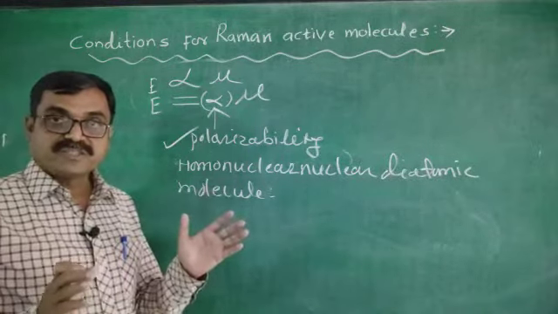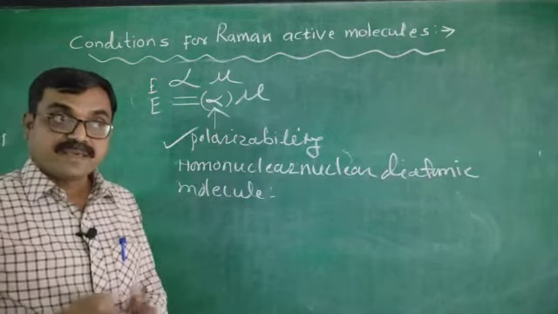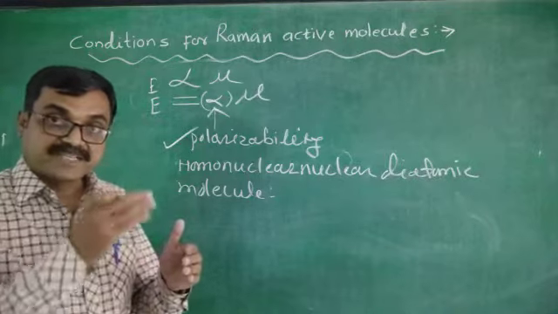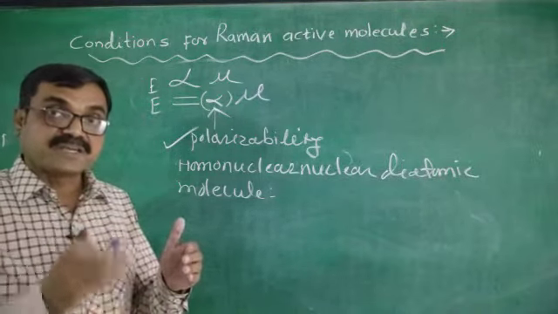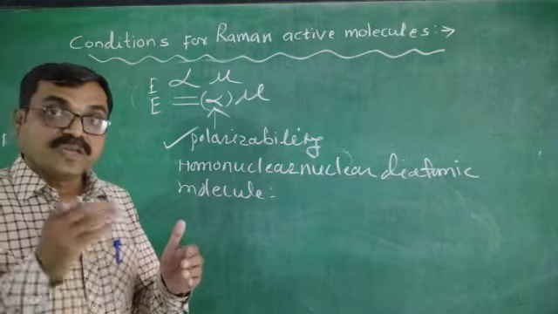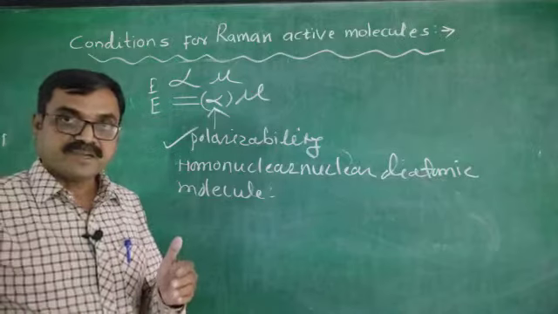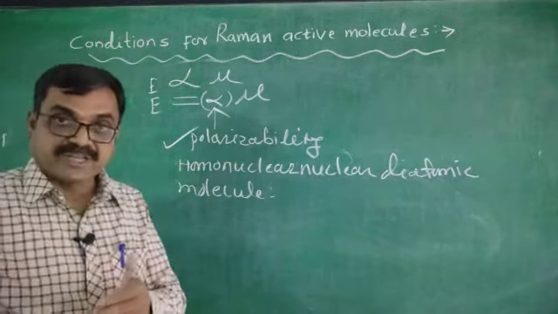Before this, we studied the characteristic properties. Among the characteristic properties of Raman spectra, the last property is that the Raman spectra is given by the molecule in which there is a change in the polarization. But what is meant by change in the polarization?